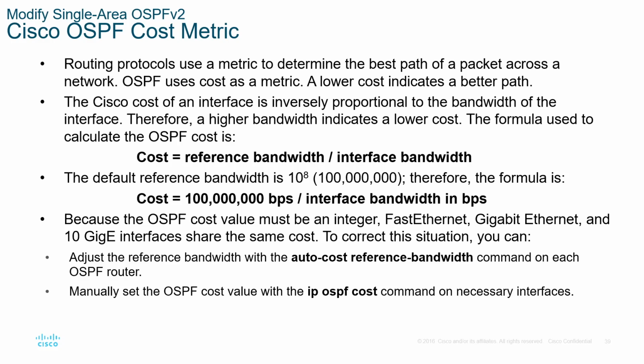Now, luckily for us, someone found out that that was the issue and they created a command so we can change the reference bandwidth. This is the command: auto-cost reference-bandwidth, and then you can change it. So if you have gigabit interfaces in your OSPF design, you type auto-cost reference-bandwidth and then the gigabit value there, and that's it.